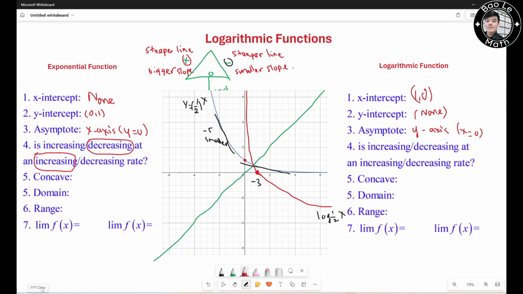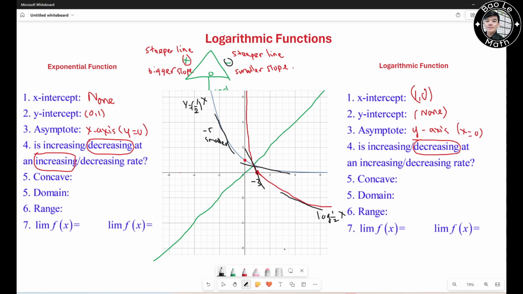Alright? Now, look at this guy right here. So I draw the tangent line right here, and I see that the lines go in this way, which means the slope is negative. The slope is negative, the function is decreasing. Now next, I draw the second tangent line of this graph, and I compare the slope of the two tangent lines.